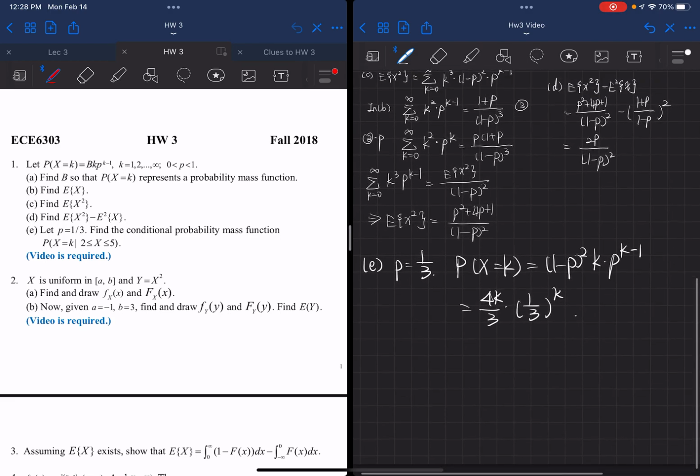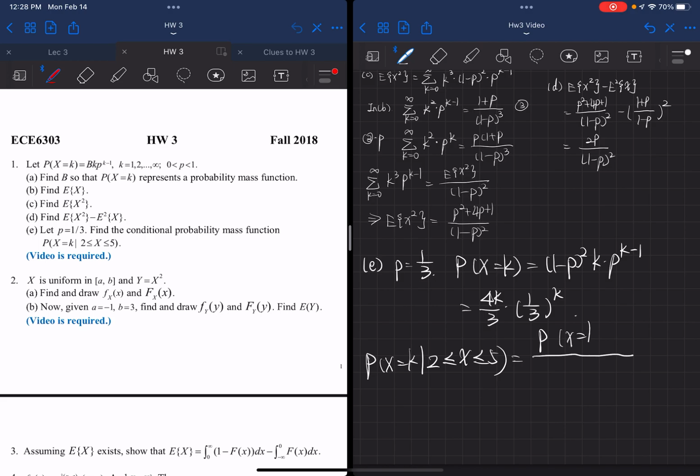And for the thing that we need to calculate, we expand it. It equals the probability of X equals k, at the same time X is from 2 to 5, divided by the summation of probability for k from 2 to 5.